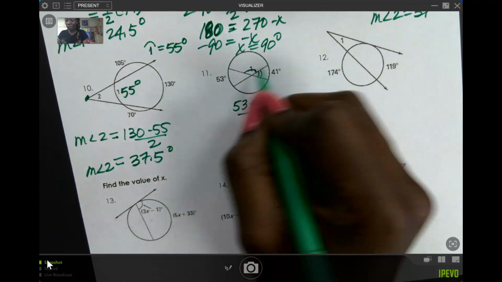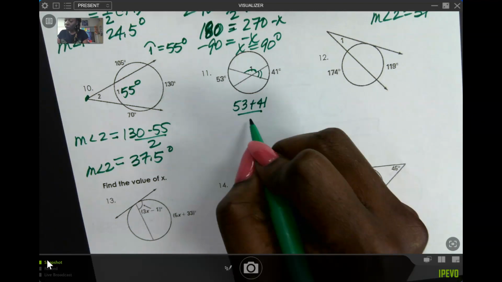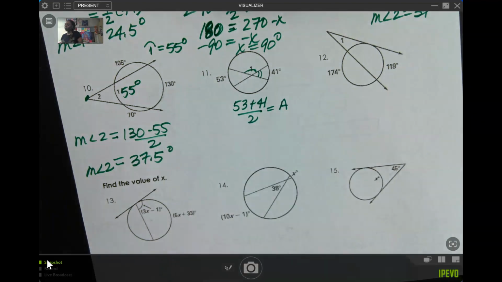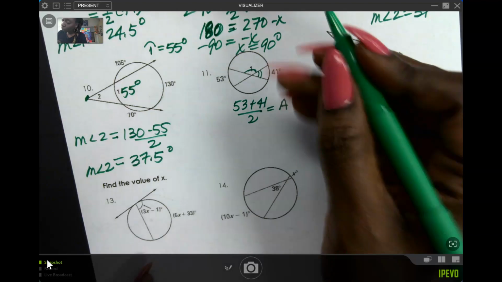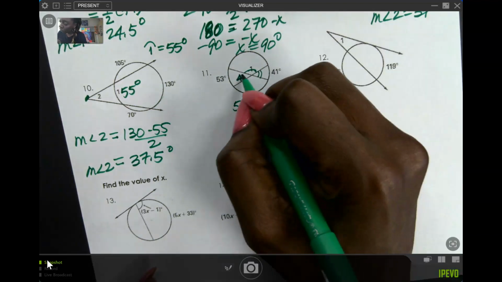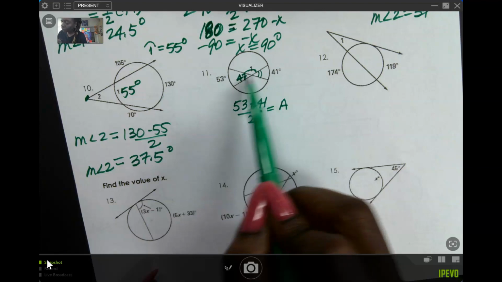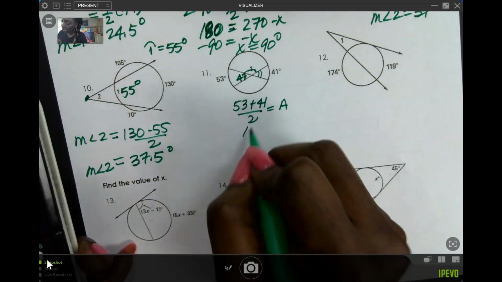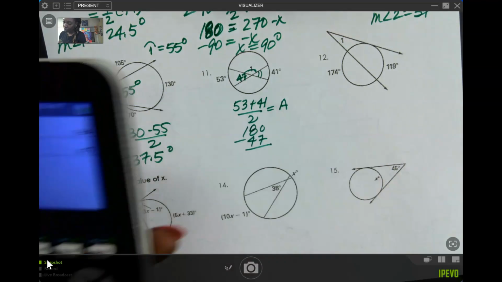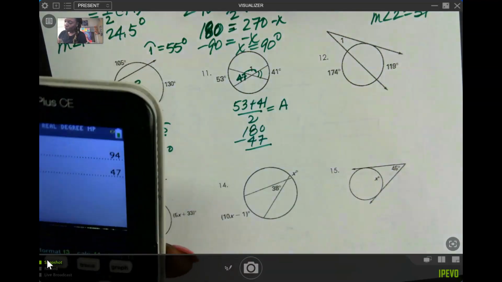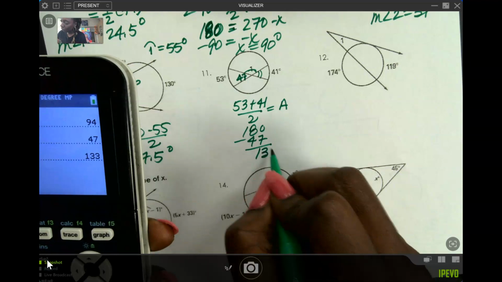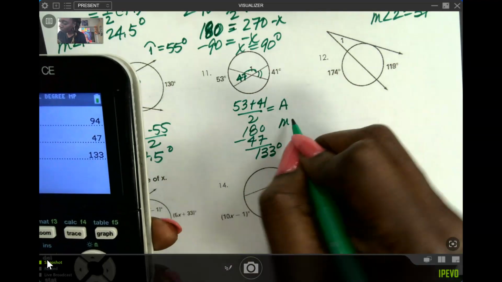That's how much that angle is, so the angle is equal to 53 plus 41 divided by 2. 53 plus 41 is 94, divided by 2 would be 47. So that makes this angle in here 47. Those are a linear pair, so I can take 180 minus that 47 to get 133 degrees for the measurement of angle 1.